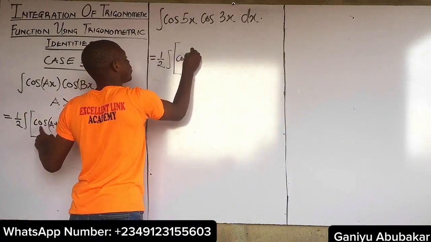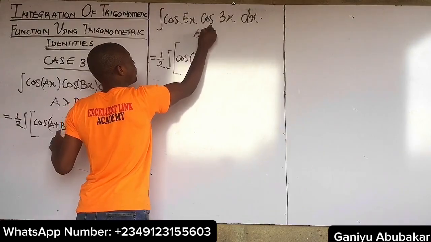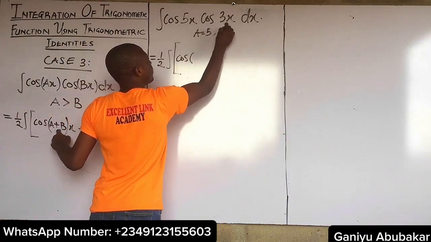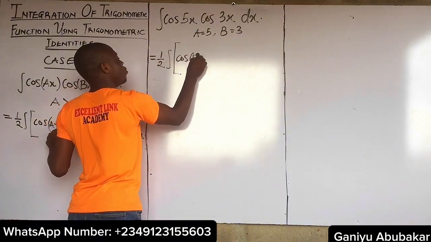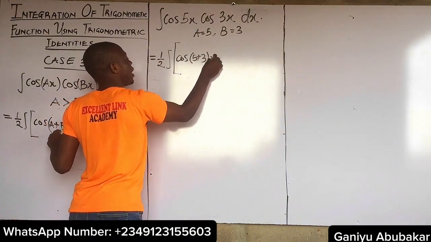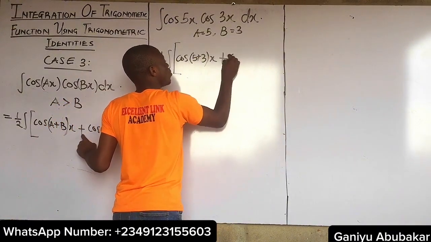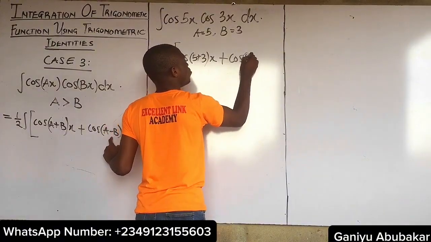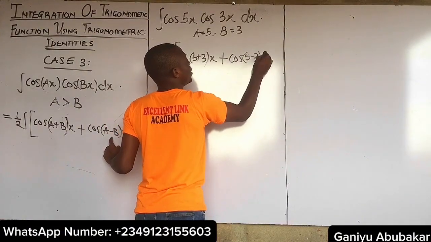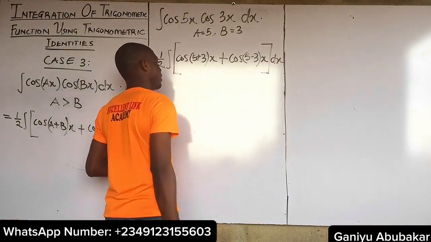Observe the way I'm using my square bracket and round bracket. I have cos (a plus b), my a here is 5, my b here is 3. So a plus b means 5 plus 3, attach x to it. This is a plus sign. Plus cos (a minus b) is 5 minus 3, attach x to it, with respect to x.